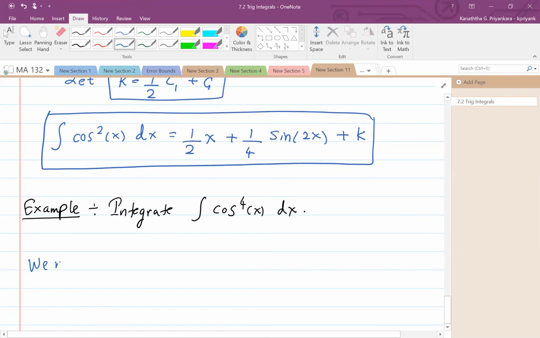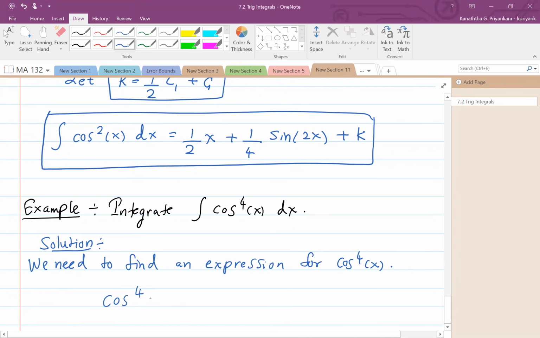We need to find an expression for cosine to the power 4 x. So I can write cosine to the power 4 x as cosine squared x to the power 2.